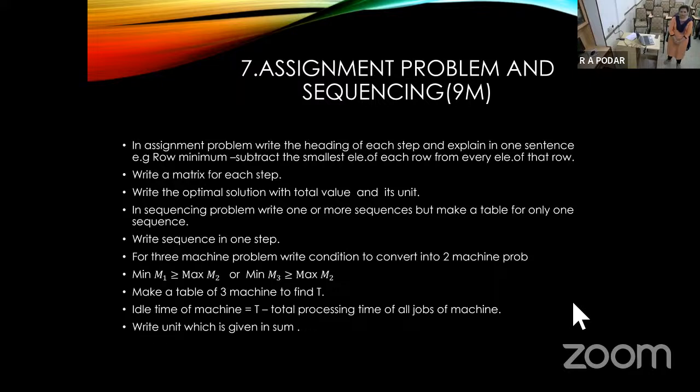If you are writing like this without including the steps, you're not going to get any marks. Right. If this is a minimization sum, the first step is always to write whatever format they had given: if they had used A, B, C for jobs and M1, M2 for machines, you have to write it properly, make a matrix properly, and then write each step there. For example, row minimum.